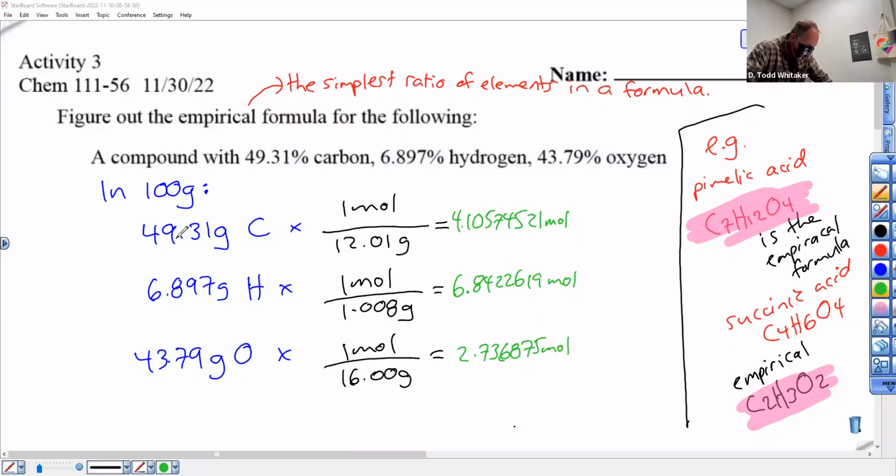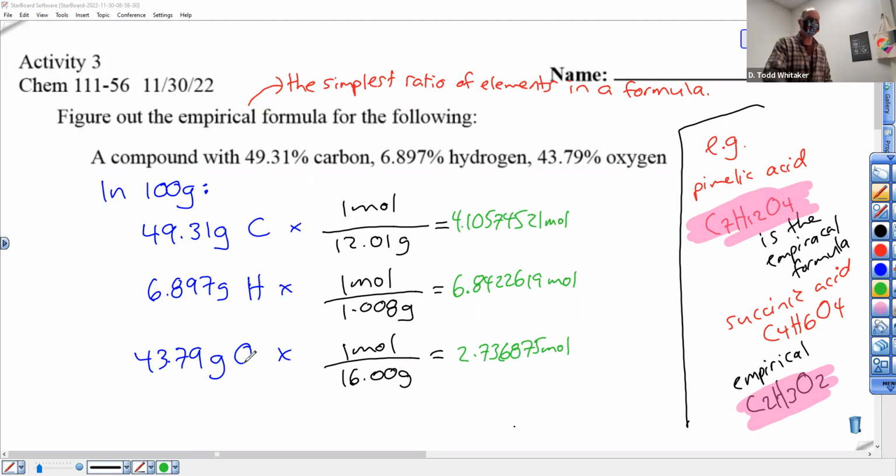We're back, and we have our answers. In this molecule, there are this many moles of C, this many moles of H, and this many moles of O. But formulas don't have decimals in them. We need to simplify these numbers so that we have integers.